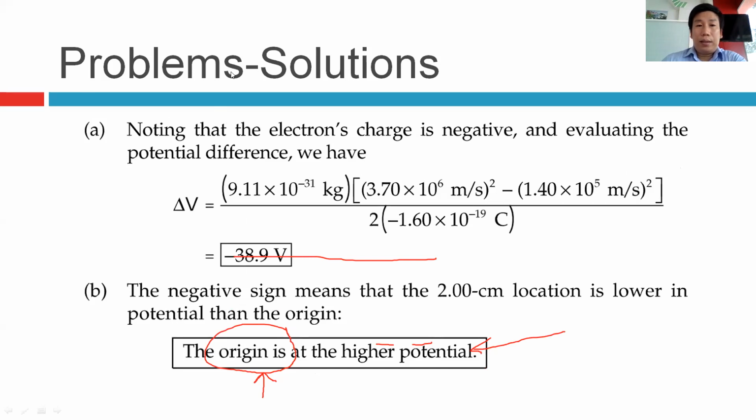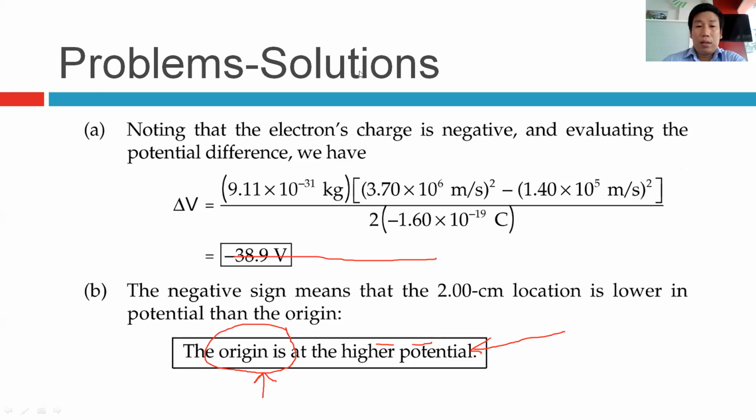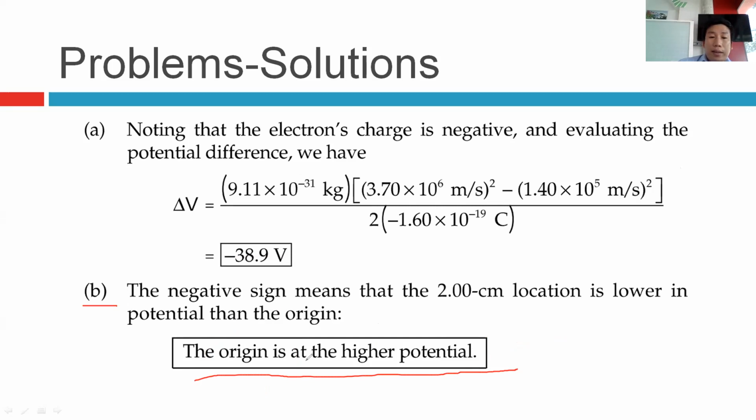Okay, for answer A, they just substitute the values of the velocity into the formula for the difference in voltage, the difference in potential here, right? And for answer B, they tell you the origin is at higher potential.